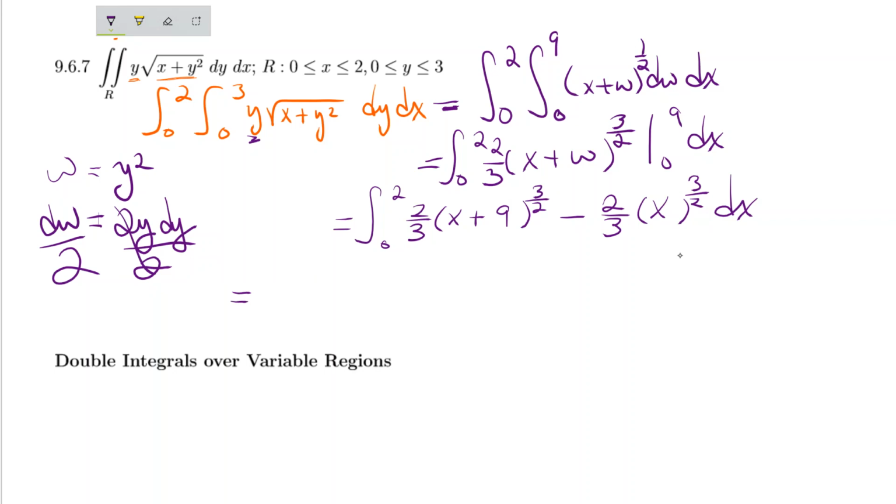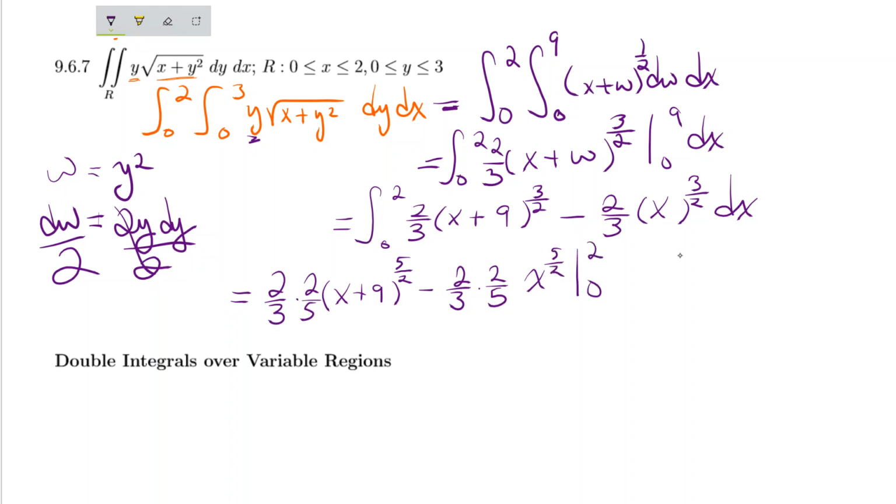So notice I'm moving even further over because I need some space. So I have 2/3. I'm going to add 1 to the power. So 3/2 plus another 1 will give me 2 more halves, which is 5/2 times 2/5. If you want to multiply that out, you can. Minus 2/3 times 2/5 x to the 5/2, evaluated from 0 to 2.